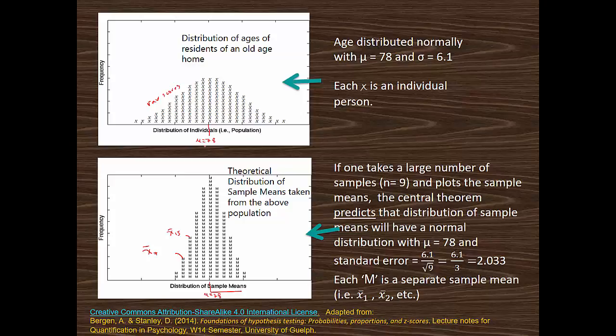If one takes a large enough number of samples of n equals 9, or whatever sample size, and plots the sample means, the central limit theorem predicts that the distribution of sample means will be normal with mu equals 78, if that's the population mean, and the standard error of sigma divided by square root of n, and n was 9.